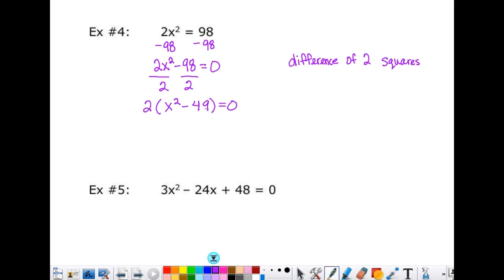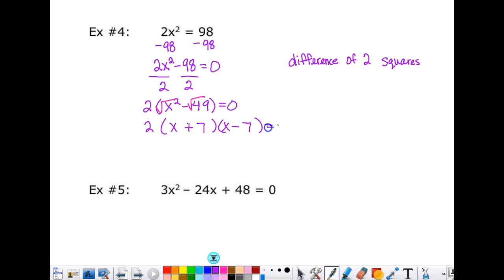Yes. So when I take the square root, I get x and x. So they go in the first position of your binomial. And what's the square root of 49? 7. And one's a positive, one's a negative.